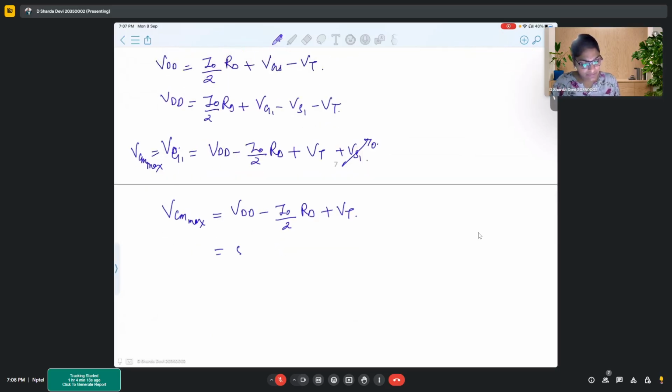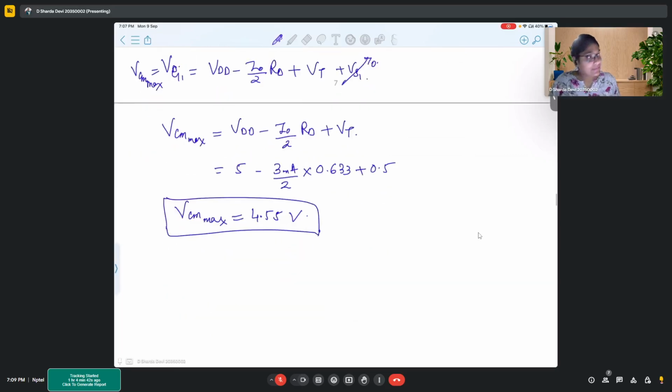So by simply substituting the values, the value of VCM max that we obtain is 4.55 volts.